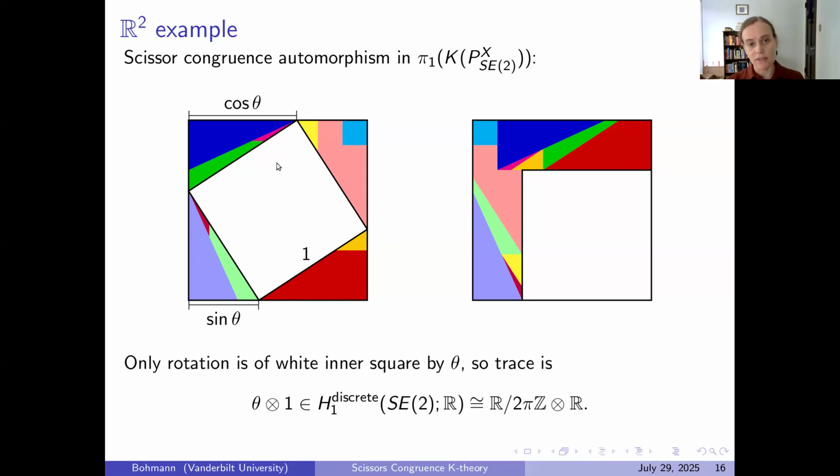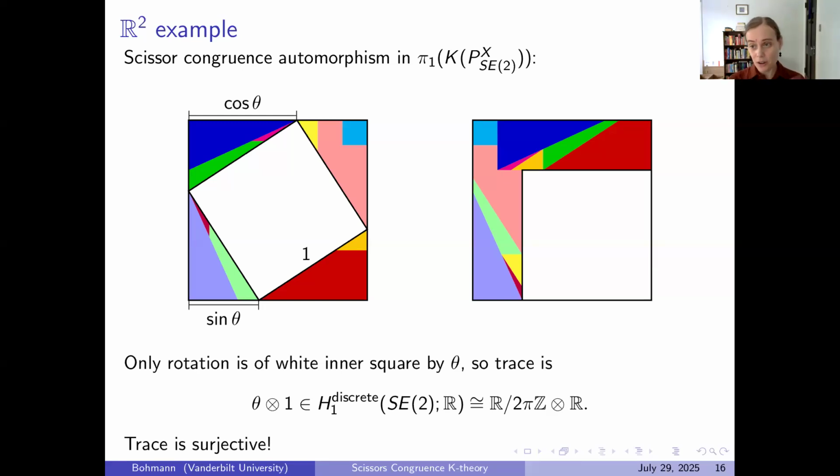And the 1 is coming from the fact that the inner white square has unit area. That's why it's theta tensor 1. And so in fact, this shows us that the trace map here is surjective onto the group homology. Because if I look at all the things of the form theta tensor 1, then it's going to give me everything in the end. I'm allowed to use any angle theta I want.